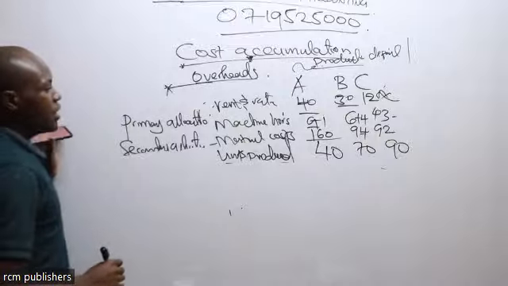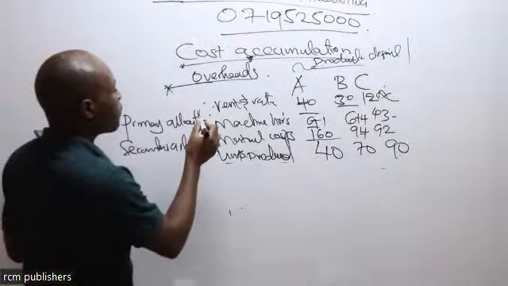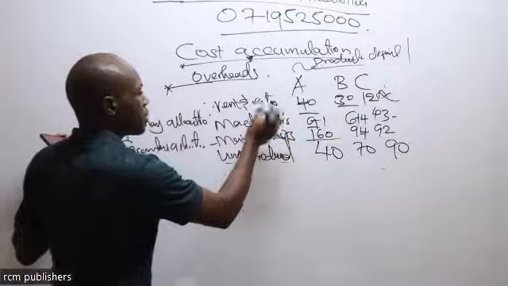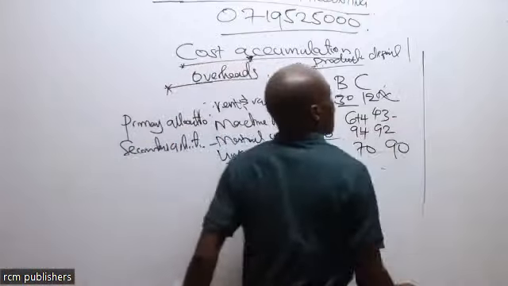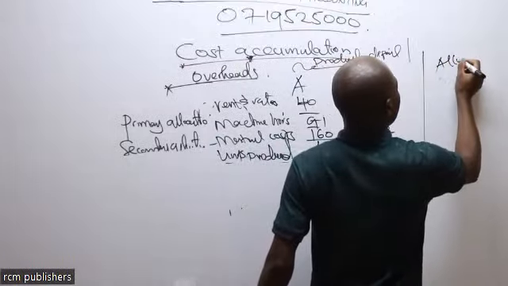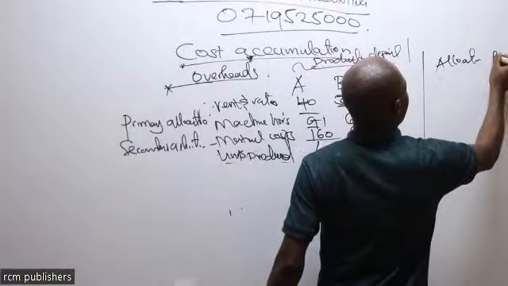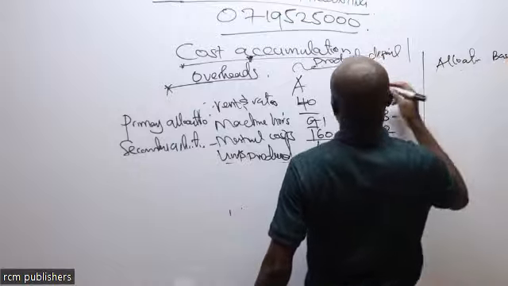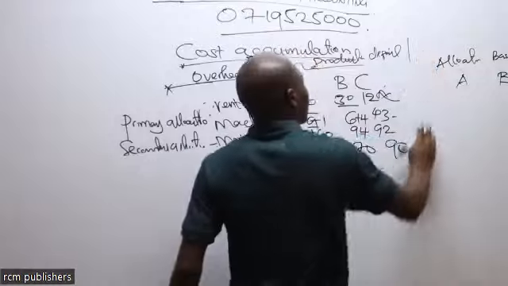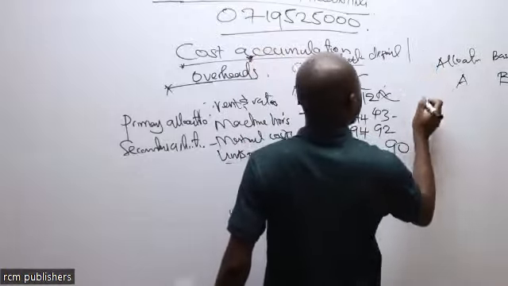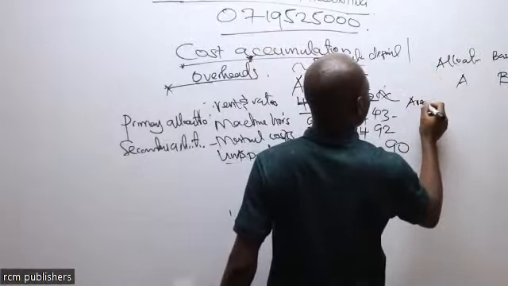It is dealing with the overheads in that I have rent and rates. So the rent and rates here, I'm going to look at what we call allocation basis. So I have A, B, C. For rent and rates, the best allocation basis will be area.